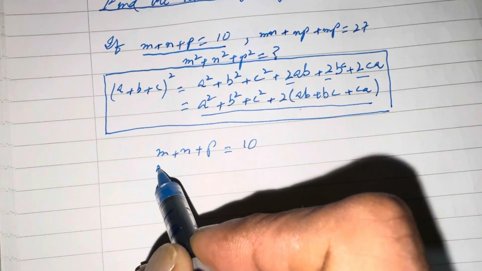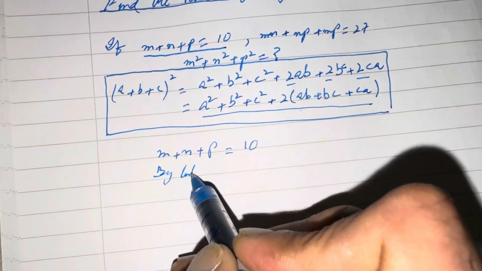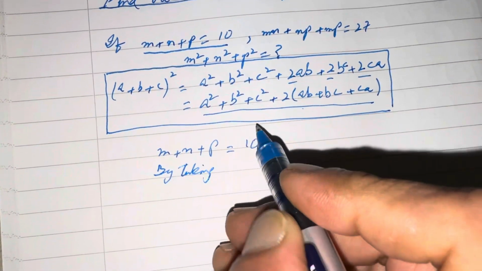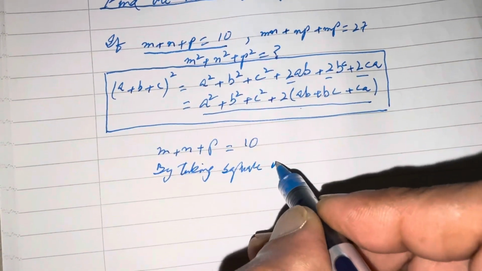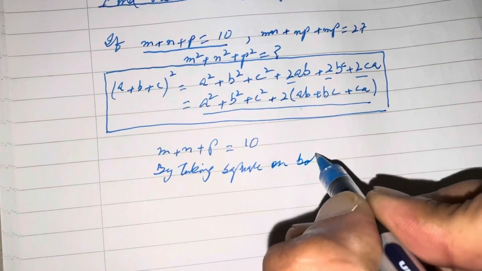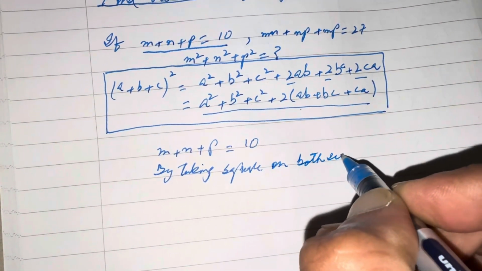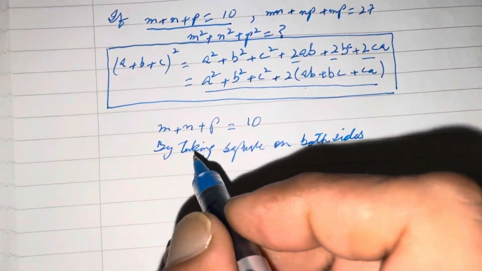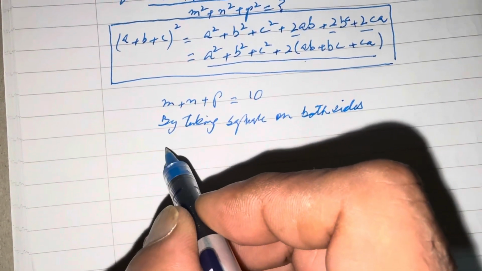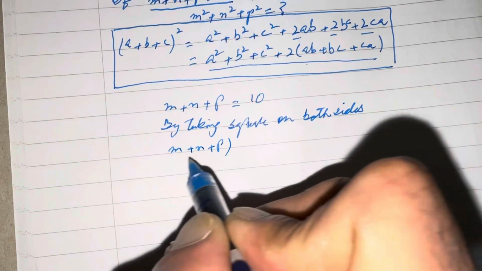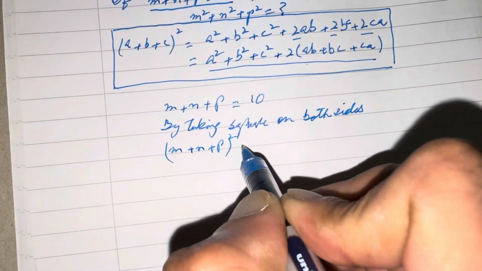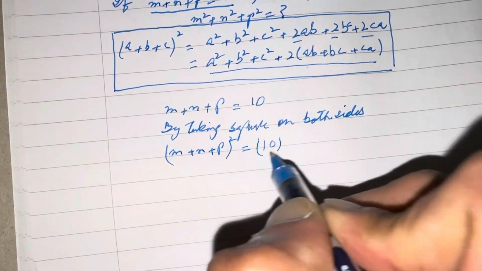So by taking the square on both sides, that will be equal to m plus n plus p whole square is equal to 10 whole square.